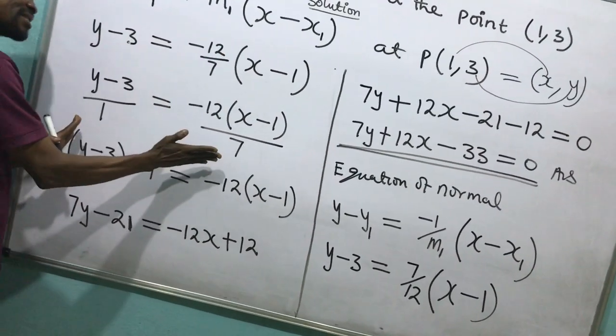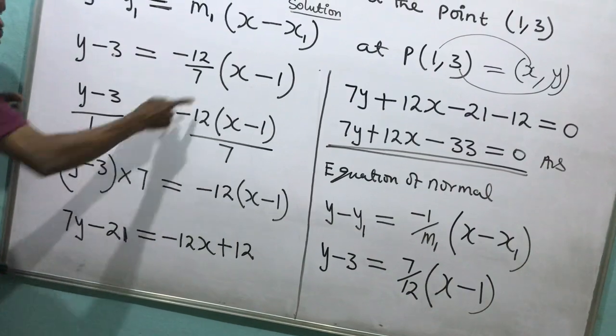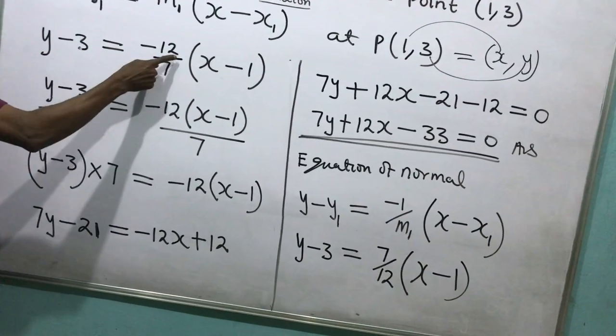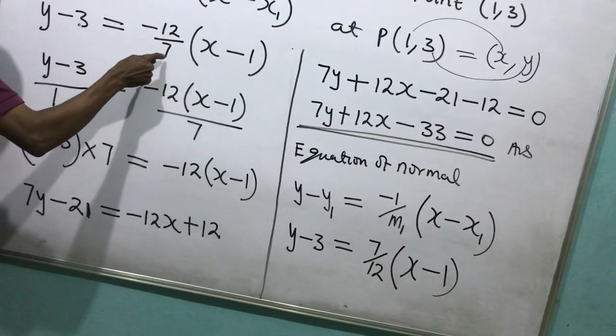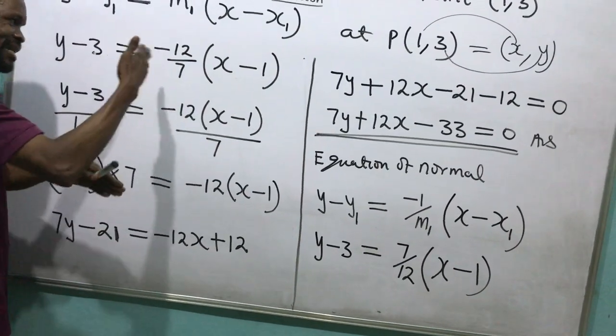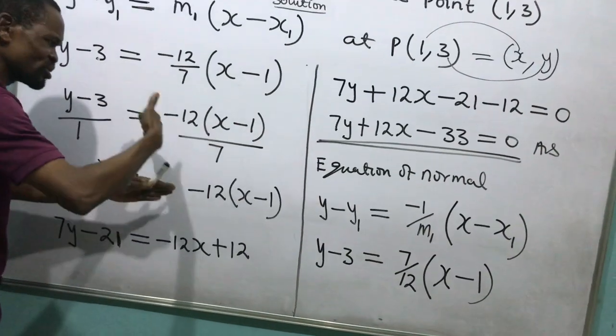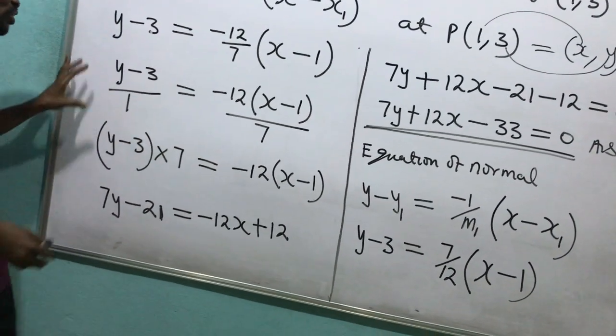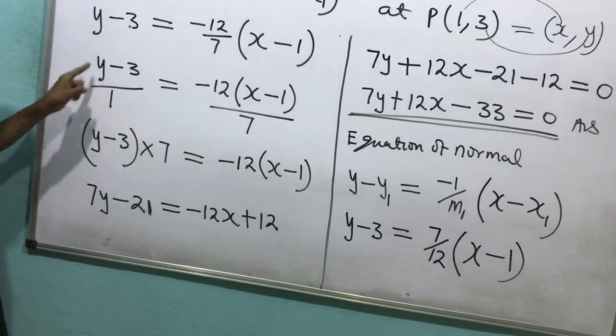That's arithmetic, because this times 1. You know that this is minus 12 over 7 times x minus 1 all over 1. Numerator times numerator, denominator times denominator. Then cross multiplication.